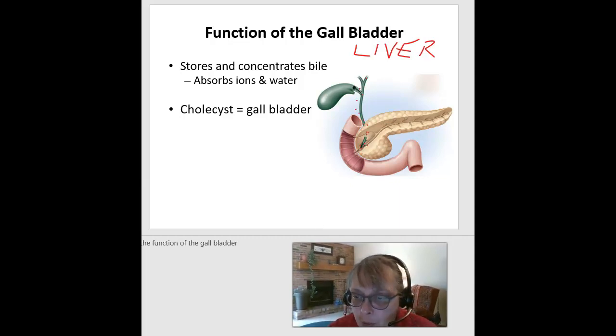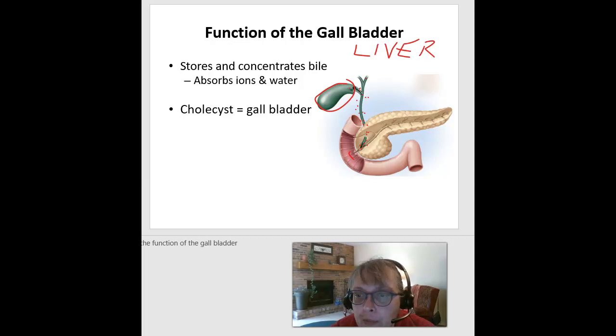However, if bile production is extensive, it can back up into the cystic duct and then be stored in the gallbladder. And here the gallbladder can withdraw water. It concentrates the bile. That's why you sometimes get gallstones, and we'll talk about that later.